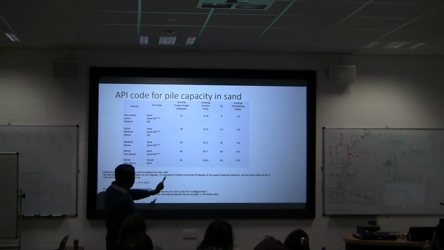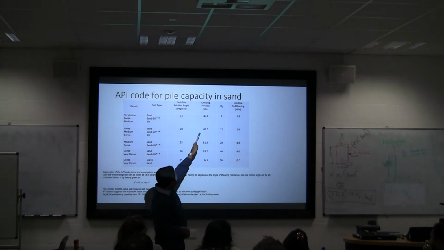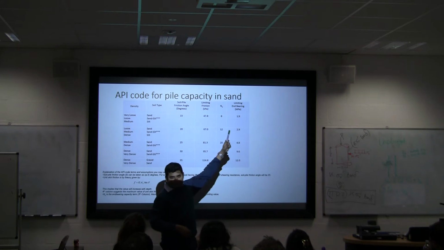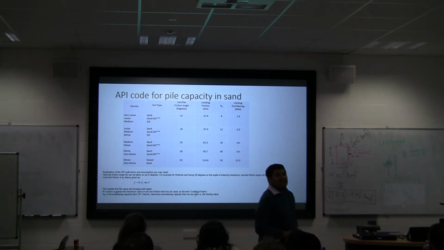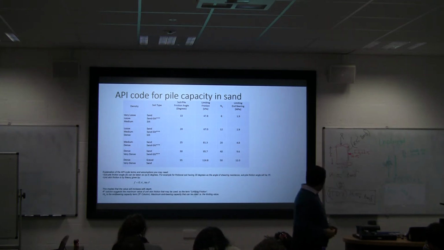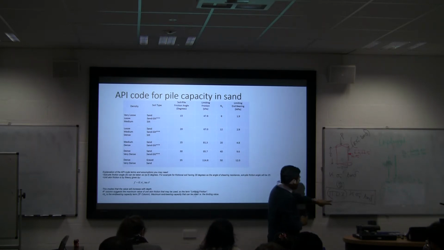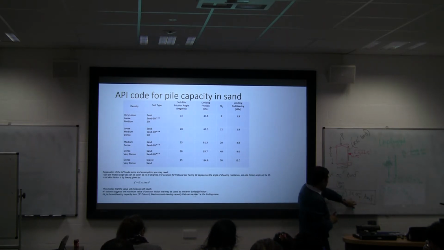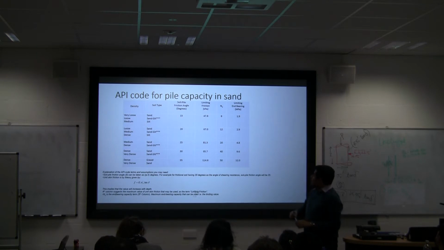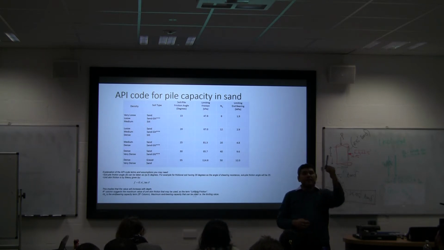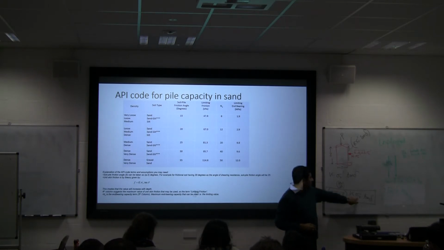Then it tells you the limiting friction value. What does that mean? You can easily calculate K, sigma V dash and tan delta. That means if you keep on increasing the depth, sigma V dash will keep on increasing.